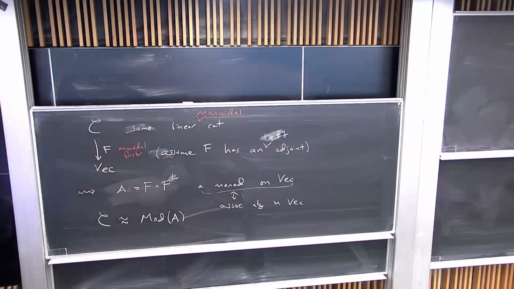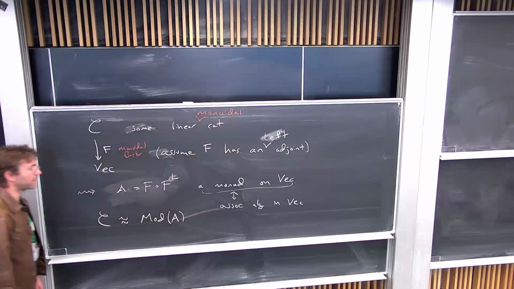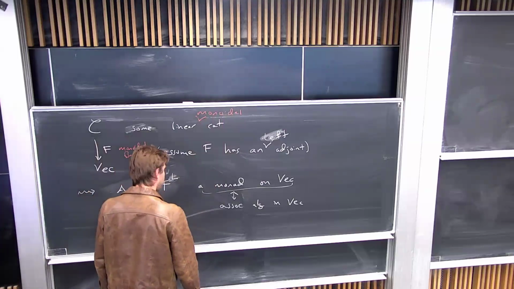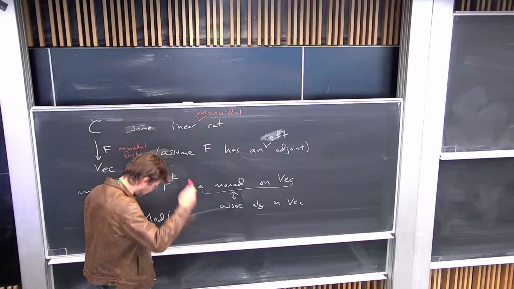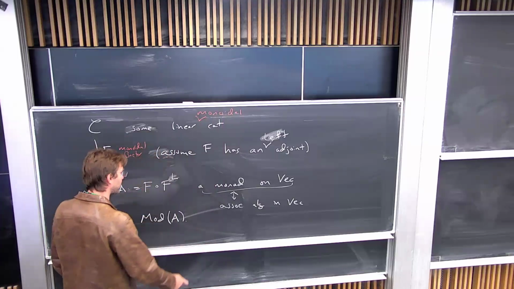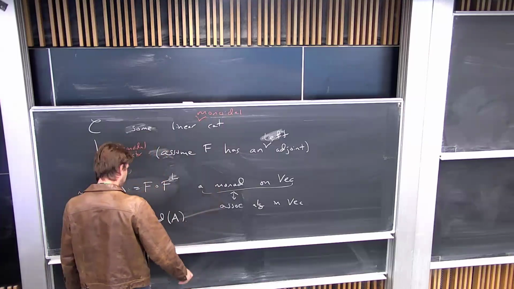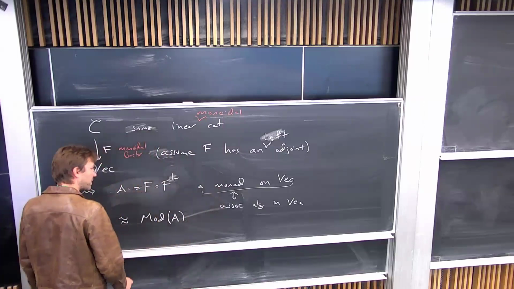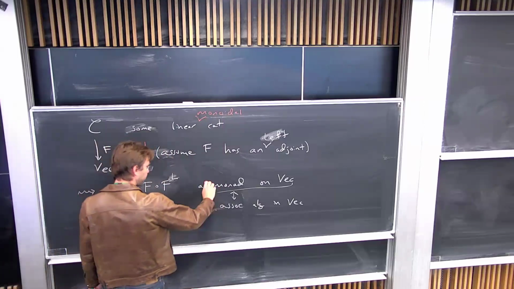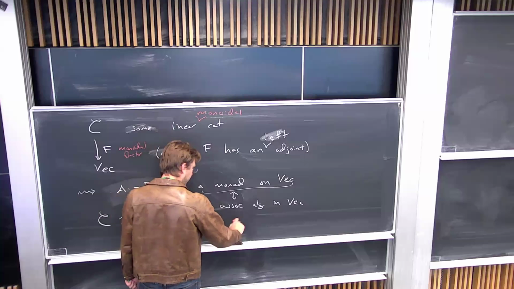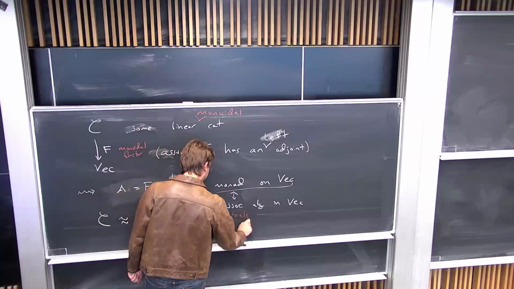If you add this condition, then this monad ends up being not just a monad, but something that might be called a Hopf monad, and might not, because it doesn't necessarily have an antipode. So anyway, this algebra A ends up being a bialgebra. And maybe Hopf.